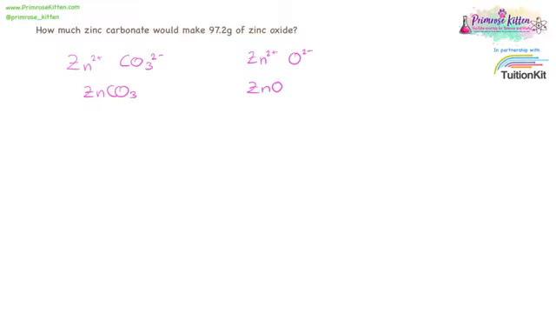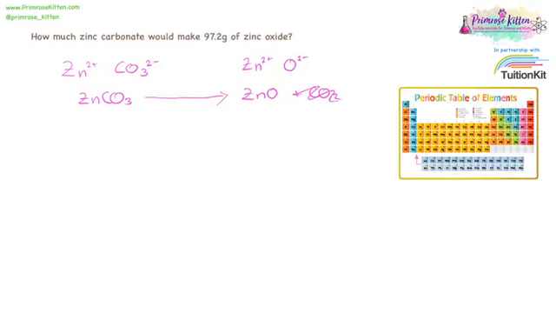We can see from the equation that zinc carbonate makes zinc oxide, and then we're going to have carbon dioxide as our other product, but we don't actually care about the carbon dioxide for this question. Now we need to go to our periodic table and work out the Mr of everything.